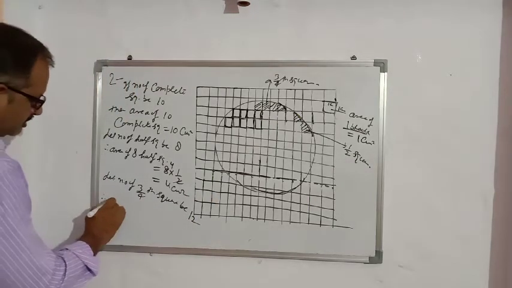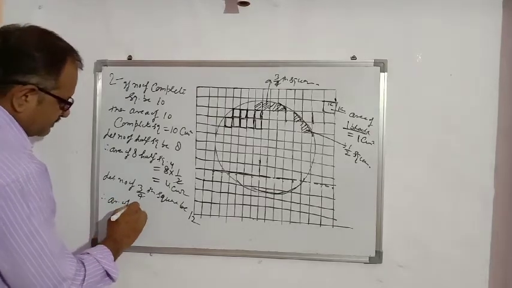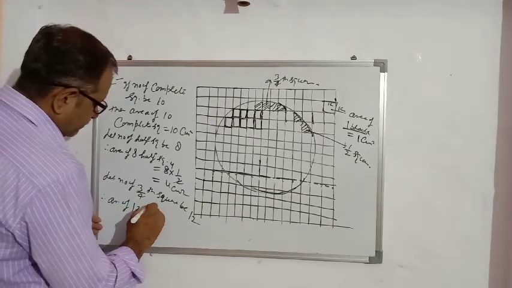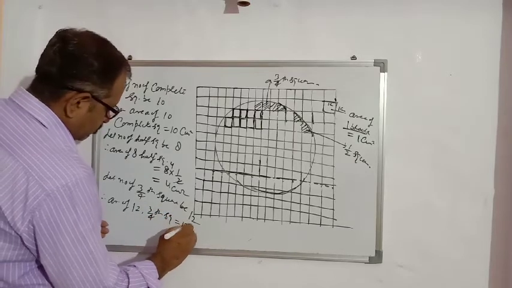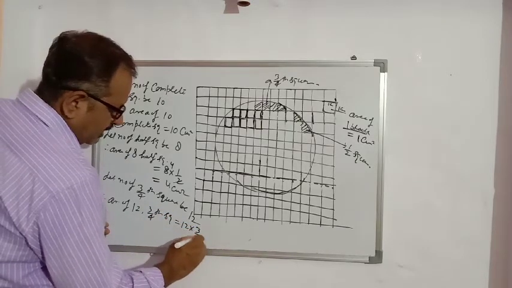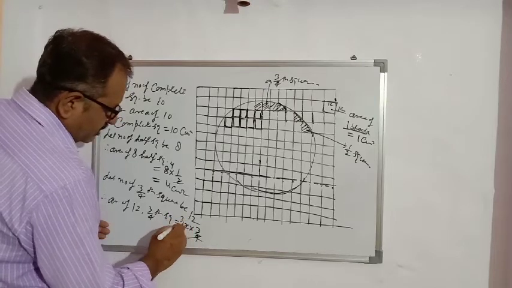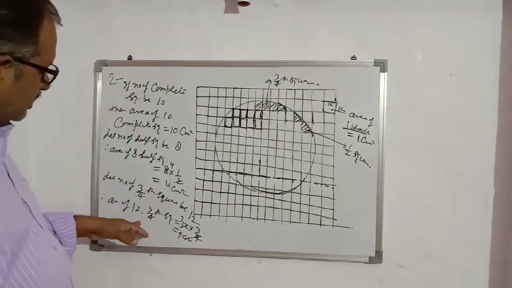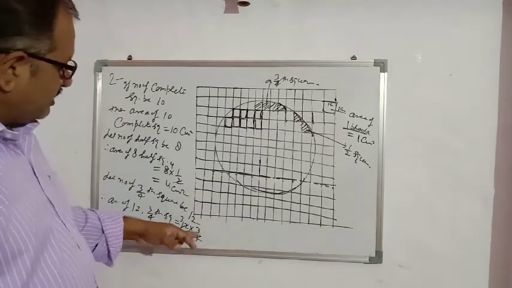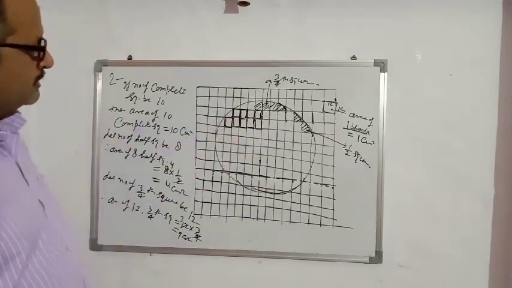So the area of 12 3/4 squares is 12 into 3 by 4. 4 3s are 12, so 9 centimeter square. In this way we can calculate the area of the 3/4 squares.